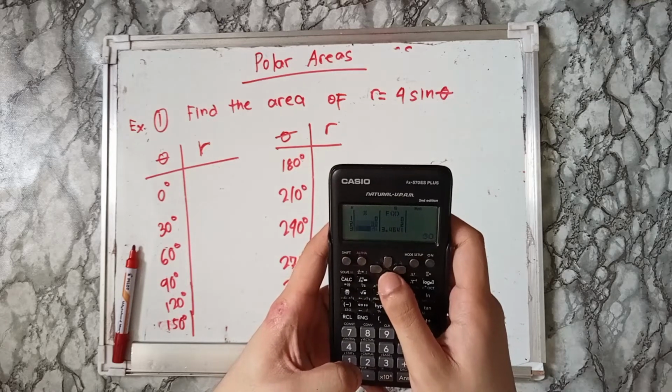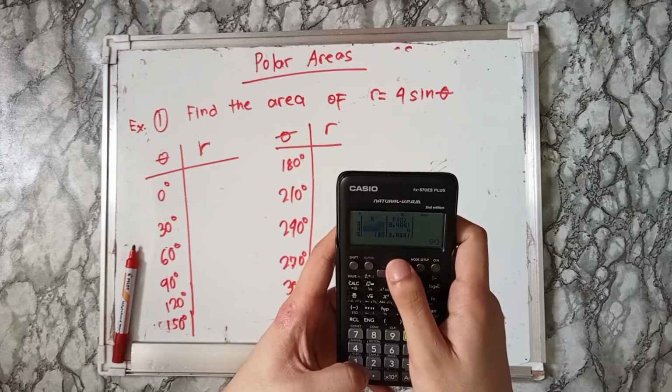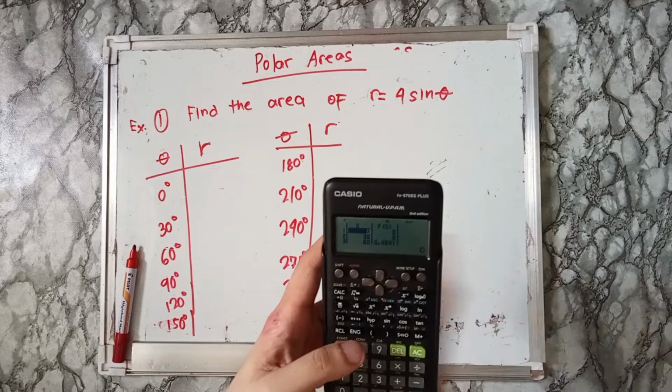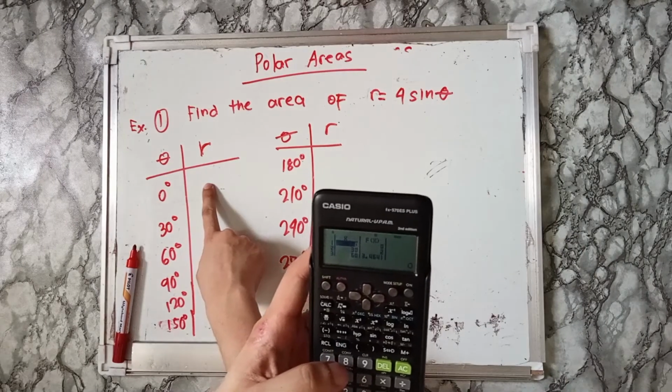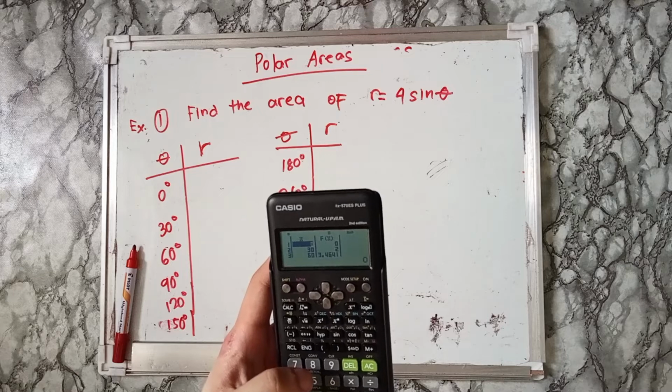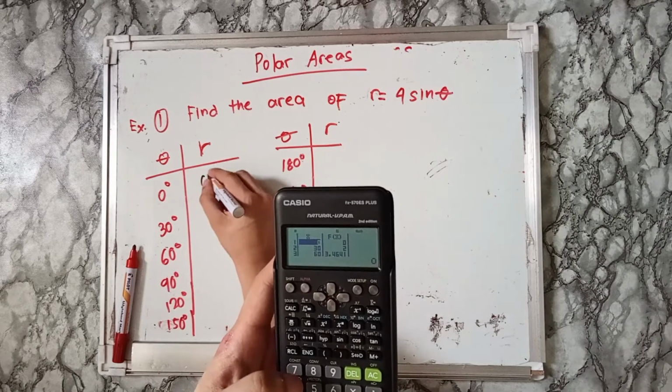Now this is our radius. If we have 0, our r is also 0, right?